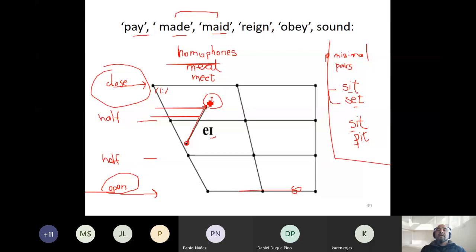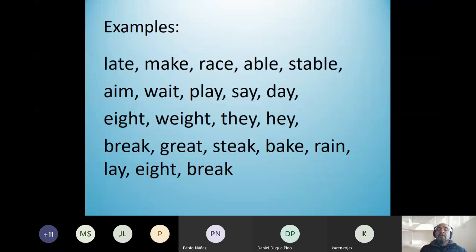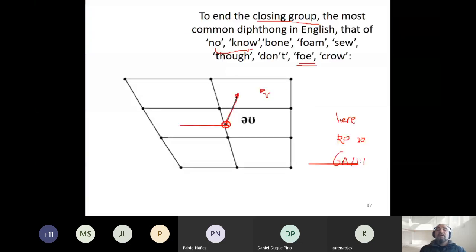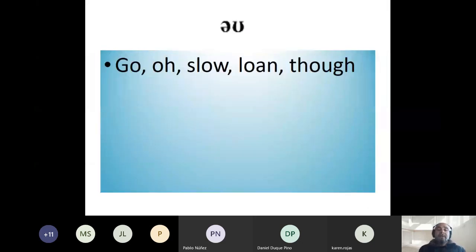It could be I, as in A, I, oi, or it could be U, as in ow, or o. Okay, so five closing diphthongs, all right? Some examples, as in go, oh, slow, lone, though.